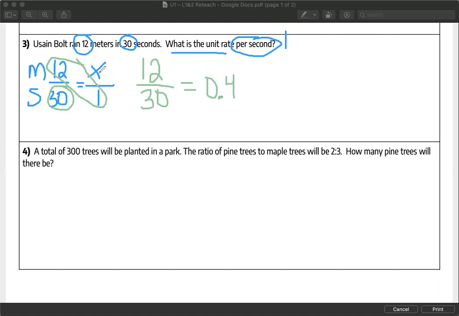And the units we were solving for, X was on top. That means we were solving for the meters. So Usain Bolt can run 0.4 meters per second. If you want to add that per second, you can do that as well.